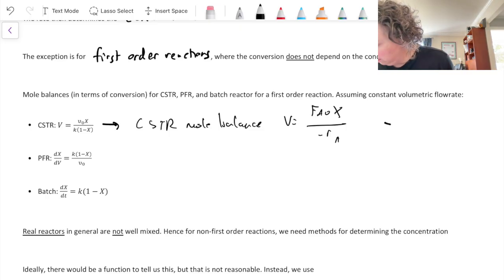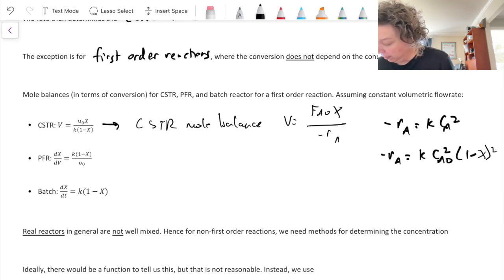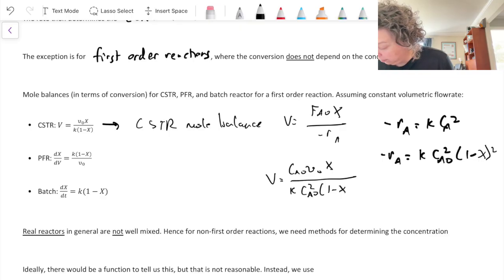Now if I took instead a second order reaction, and again we'll say liquid phase for the sake of simplicity, now I have something that looks like this. If I substitute this back into my rate law, I only get rid of one of those concentration terms. Sorry.